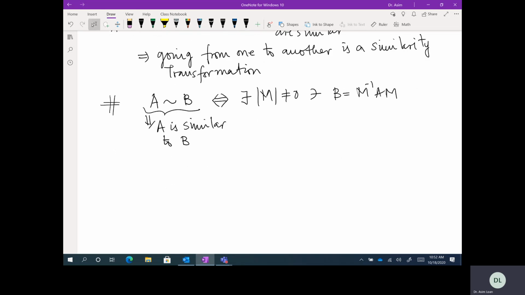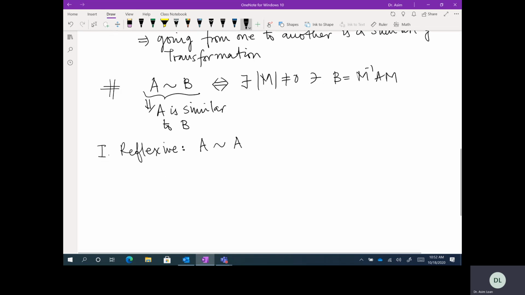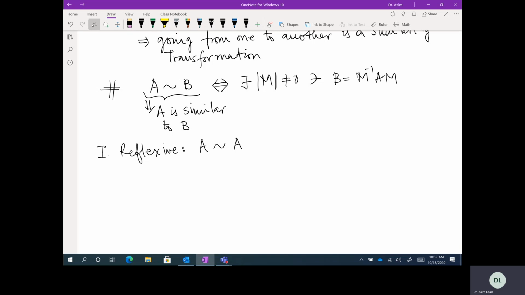So what are the properties of similarity? We say this is reflexive. Reflexive means A is similar to A, for n by n matrices.